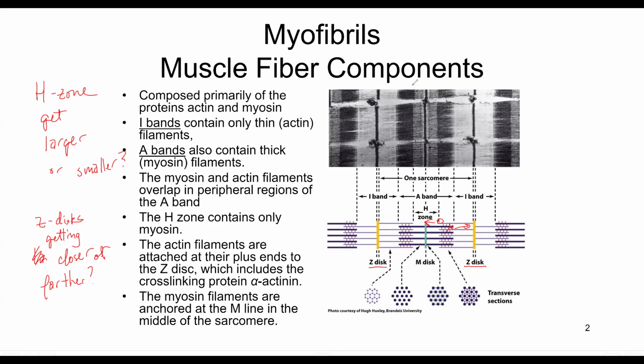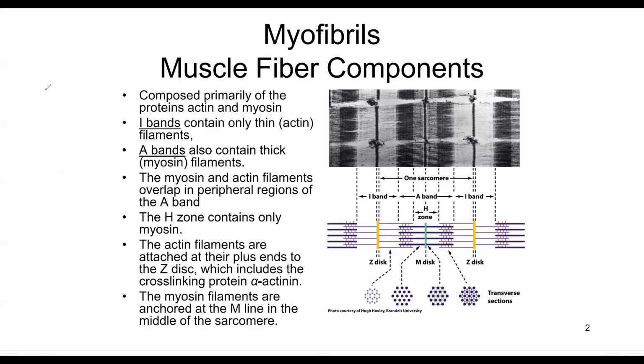Now, I'm going to clear my drawings out here. I'm going to give you some options. We've got the I band, H zone, and the A band. We talked about the H zone. The H zone is shrinking. The I band is shrinking.